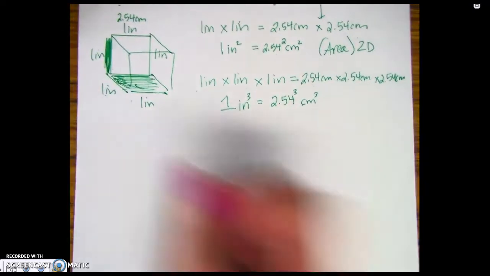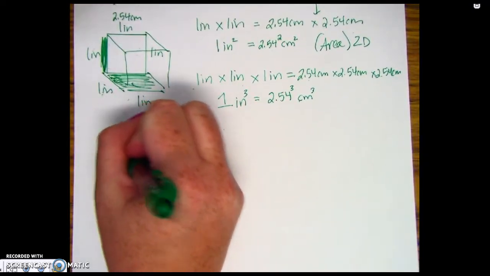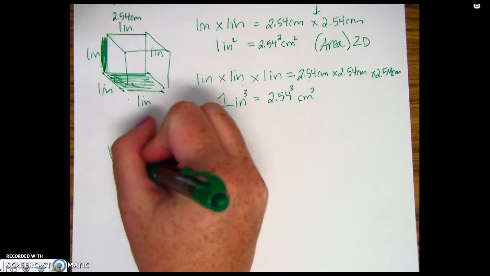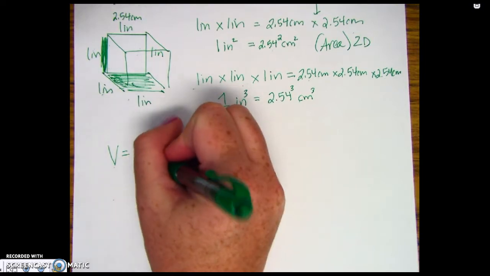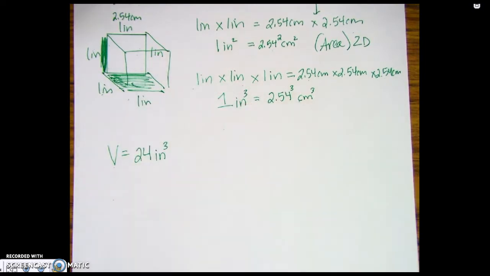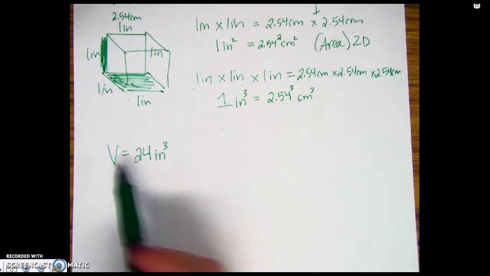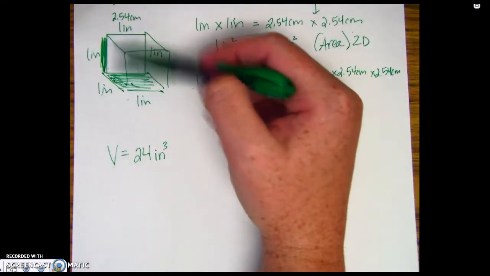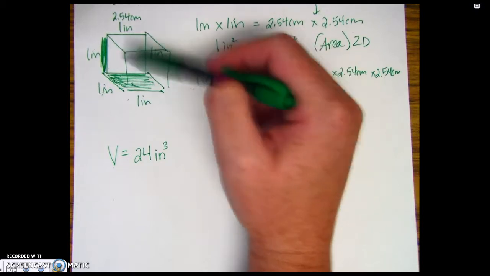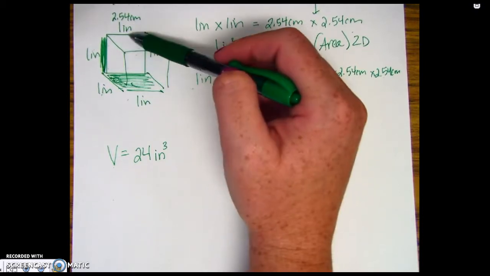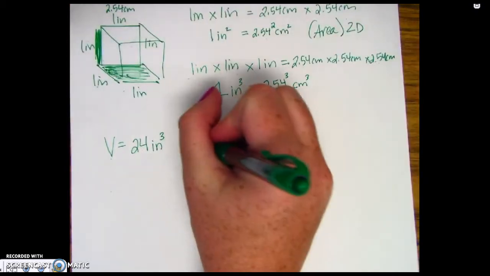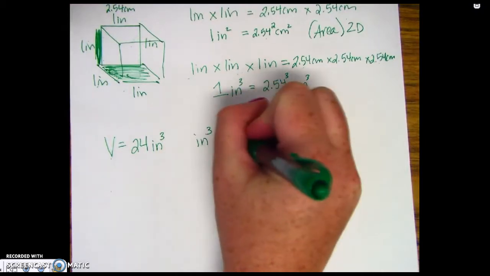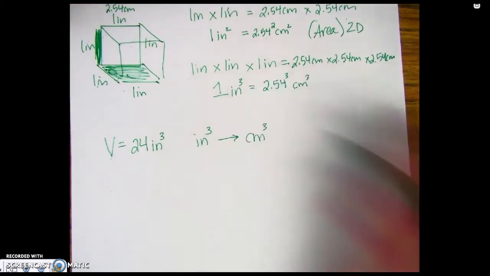So when you're finding your volume, let's say our volume is 24 inches cubed, 24 cubic inches. That means I have 24 1 by 1 by 1 inch cubes in this object. Let's say I want to go from inches cubed to centimeters cubed.